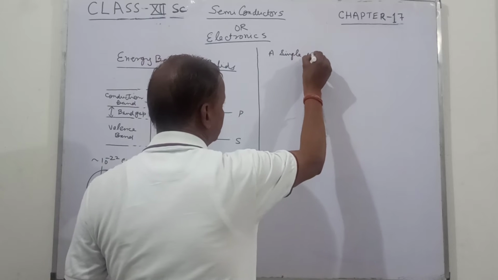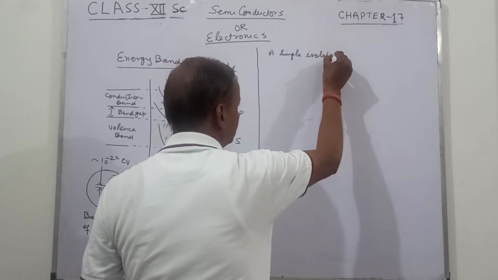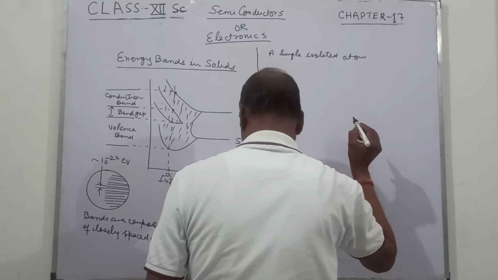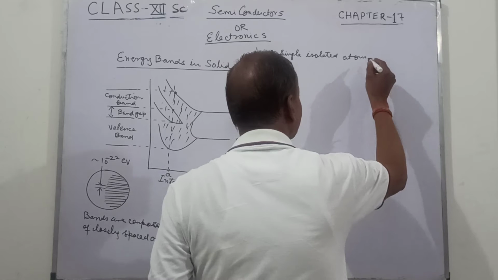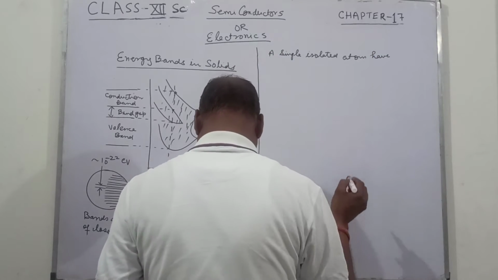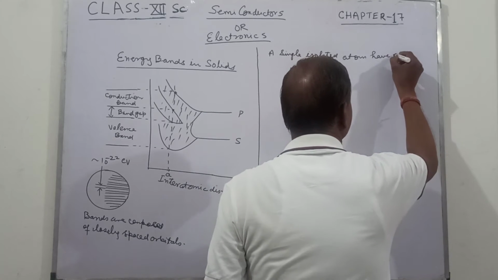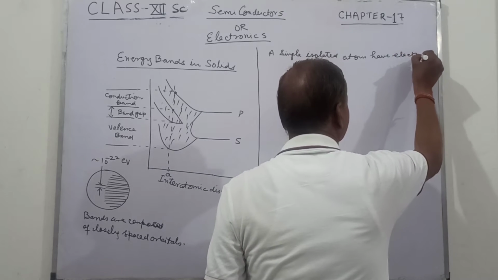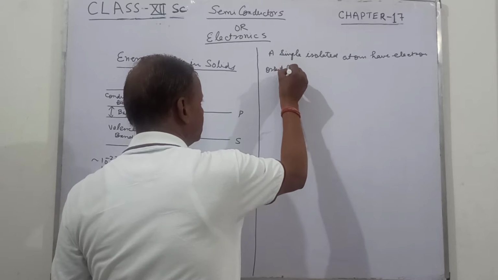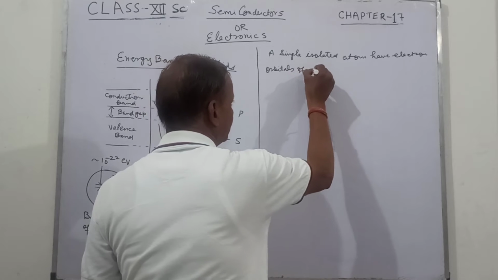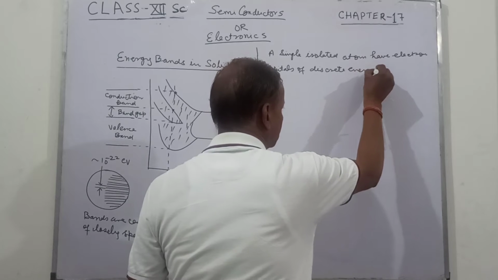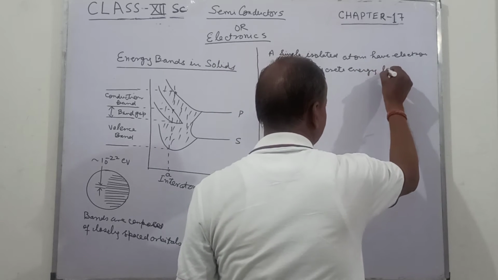A single isolated atom has electron orbitals of discrete energy levels.